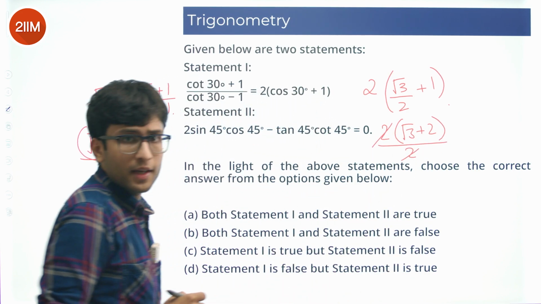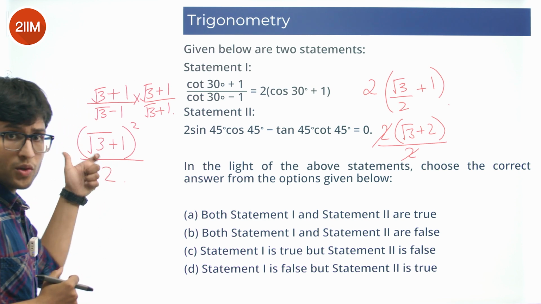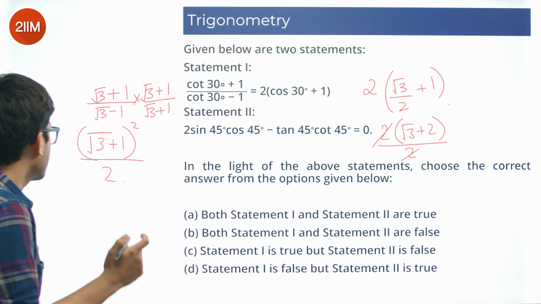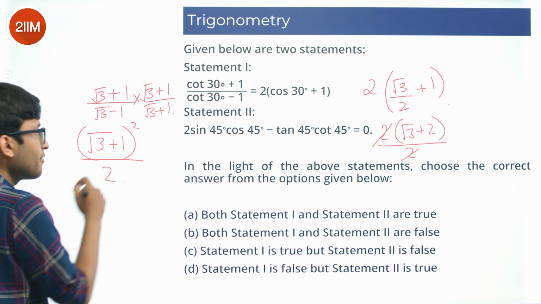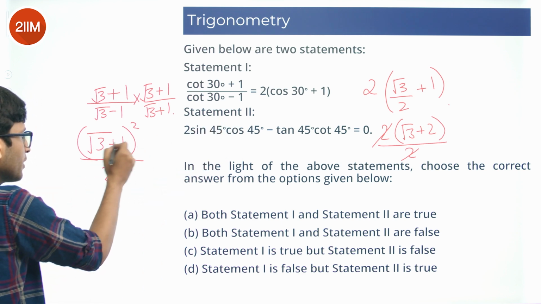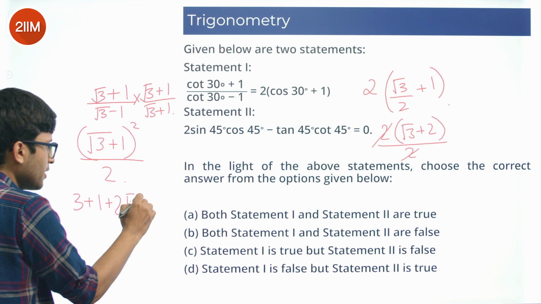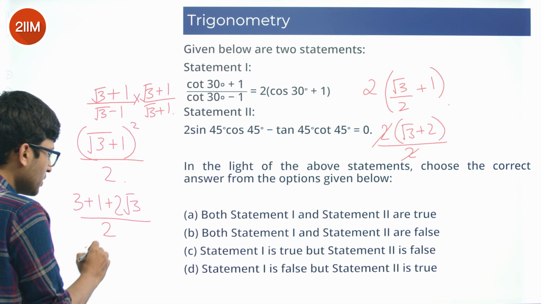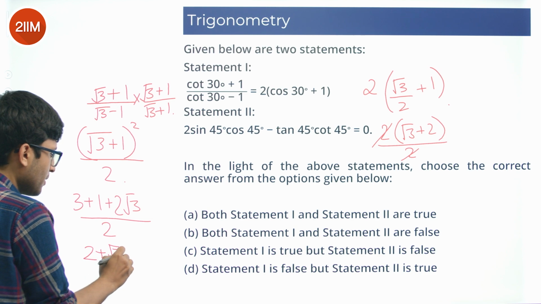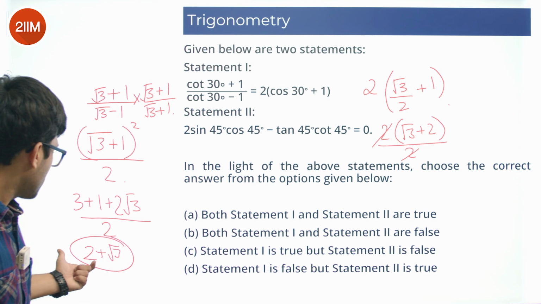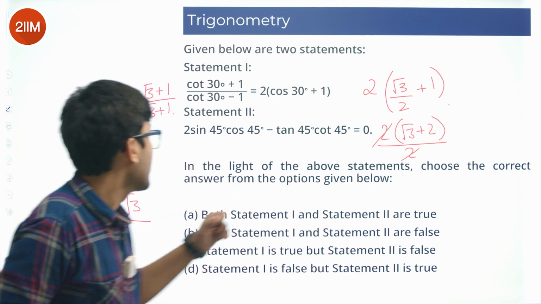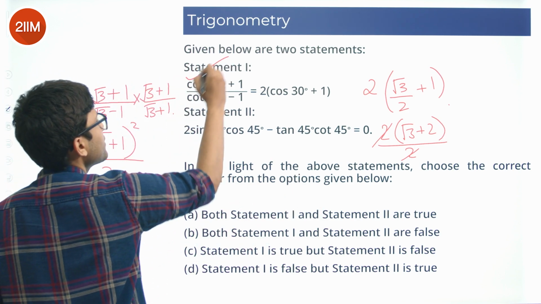So what I would be having is root 3 plus 2. This also can be reduced a little further. Let's see whether it will be equivalent to that value. Root 3 plus 1 whole square is equal to 3 plus 1 plus 2 root 3 divided by 2, which is equal to 2 plus root 3. Perfect. So 2 plus root 3 and 2 plus root 3. So that means statement number 1 at least we know is correct.